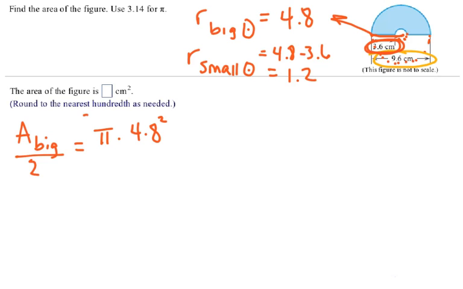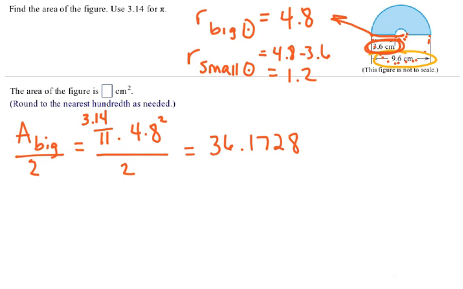And we are using 3.14 for pi. And then we take that and we divide it by 2, so we get the area of the big half circle. When I calculate all that, and I would practice if I were you to make sure you're getting the correct answer, order of operations is very important there. You have to square the 4.8 first, then multiply by 3.14, and then divide by 2. We get 36.1728.